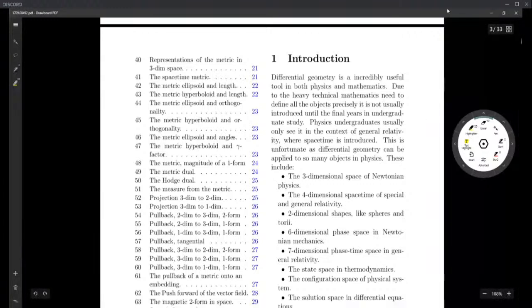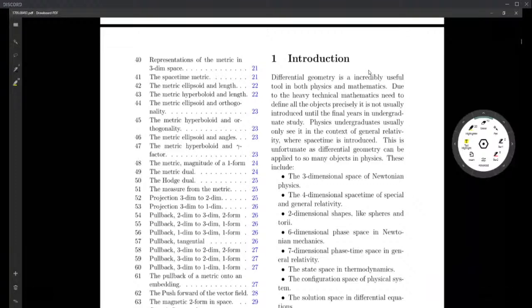Thank you, Rishi. So yeah, good evening to everyone here. My name is Sundaram, and I'll just start off right away. Differential geometry is supposed to be a very useful tool in physics and mathematics, and it's quite technical, because it's a combination of three areas: analysis, geometry, and algebra.